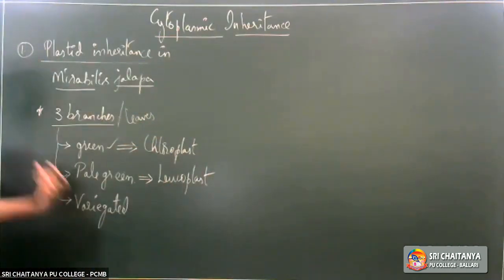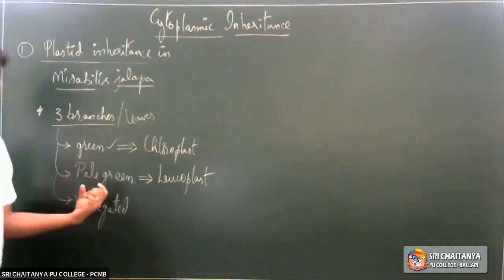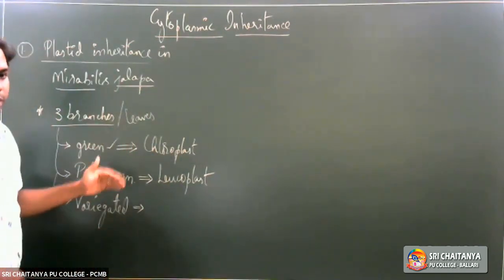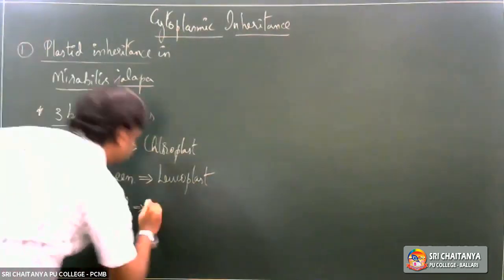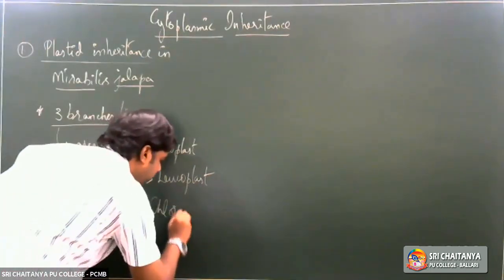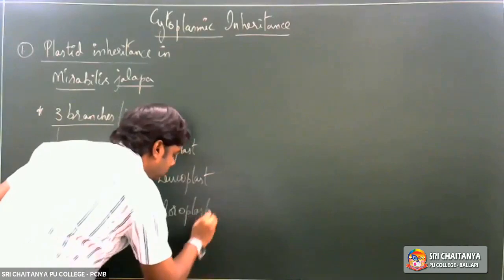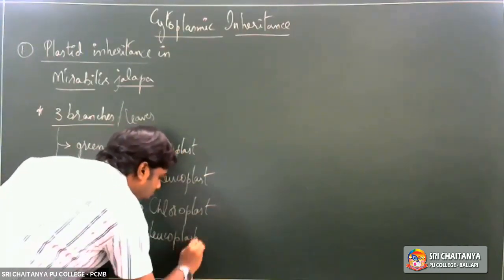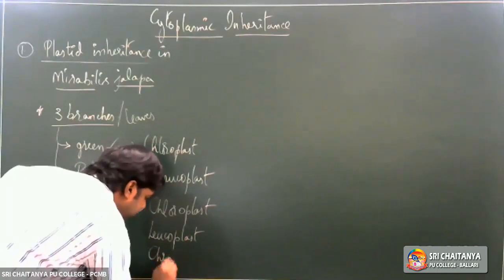The third one, the variegated type of leaves or branches, have all three types of plastid. So what are the three different types of plastid we know? They have chloroplast, they have leucoplast, and they also have chromoplast.